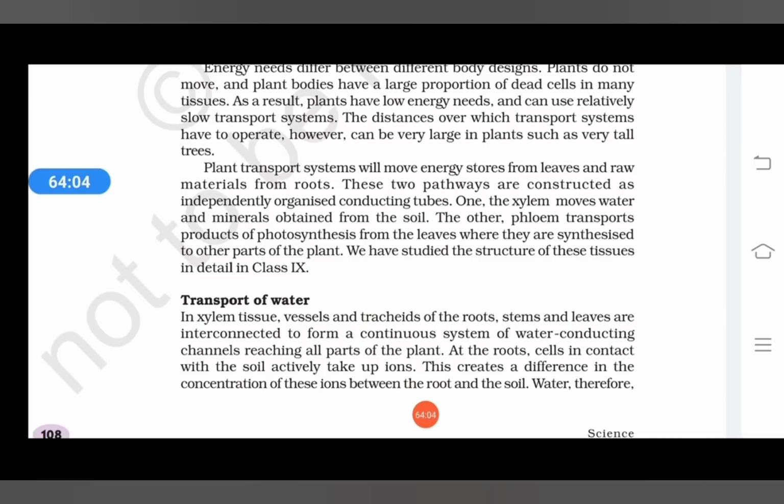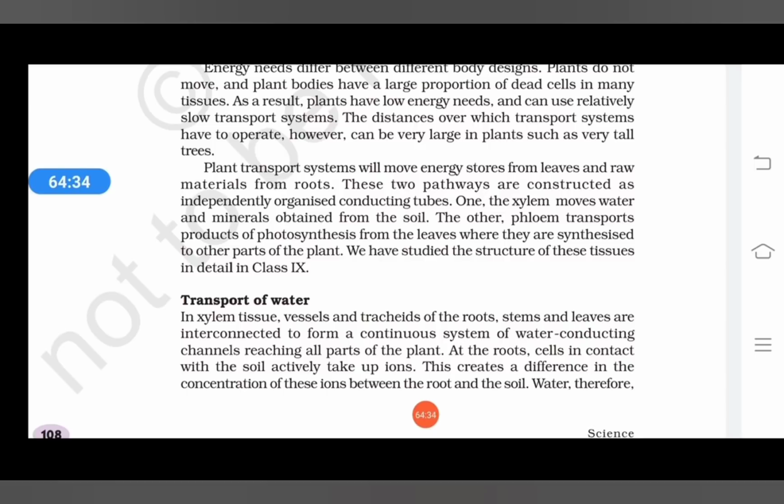These two pathways are constructed as independently organized conducting tubes. The xylem moves the water and minerals obtained from the soil. The other, phloem, transports the product of photosynthesis from the leaves where they are synthesized to other parts of the plant.